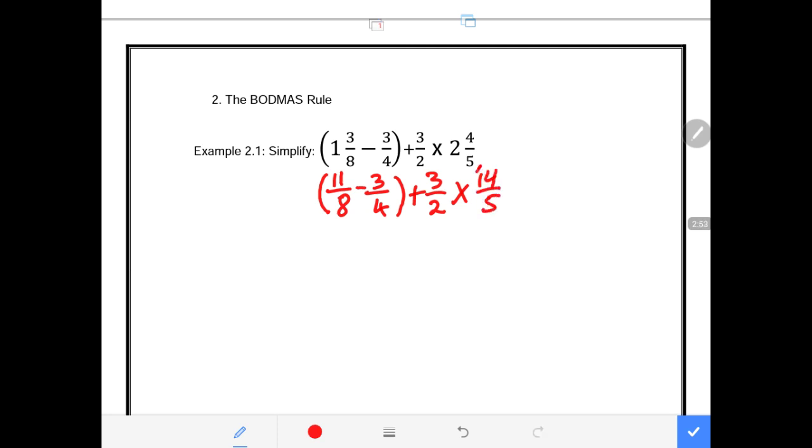Once again, I want to explain how this fraction was converted into a mixed fraction. How many 5s are in the number 14? In other words, how many times does 5 go into 14? We have 5 plus 5, that gives us 10, and the remainder will be 4.